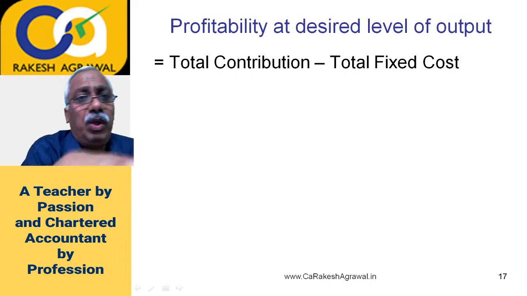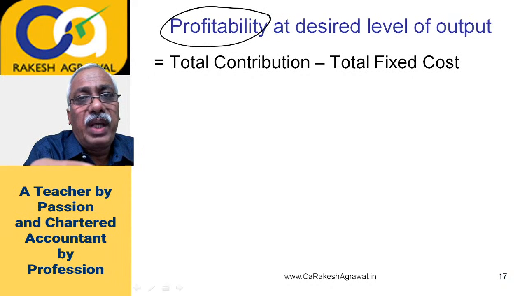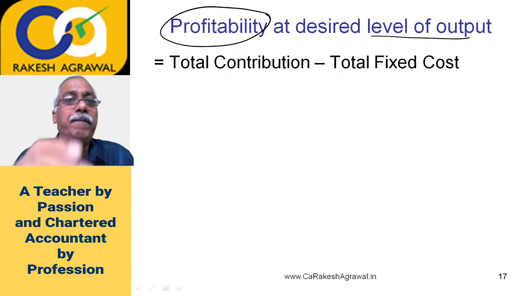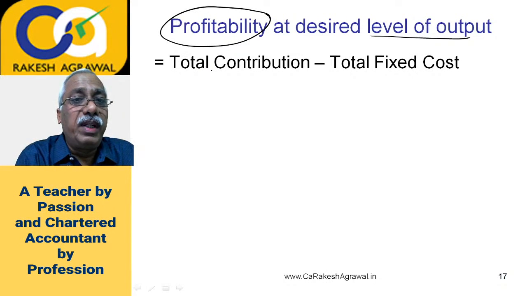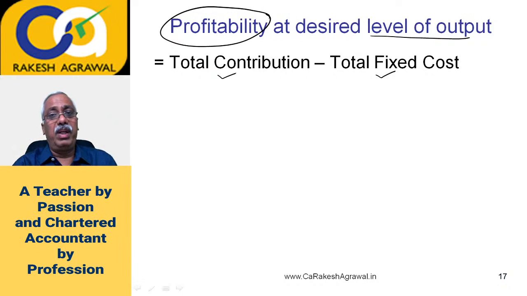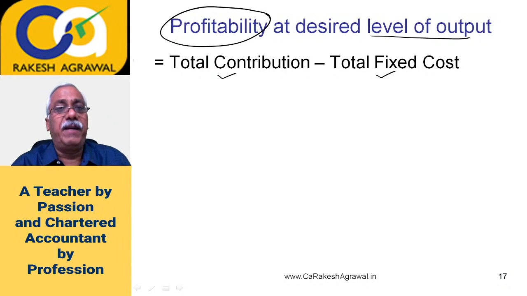See, we want to calculate profit, and what is given to us is the level of activity. Level of output means level of activity. To calculate profit, the formula is profit is equal to total contribution minus total fixed cost. This formula we have seen in the golden formula itself, that contribution minus fixed cost is profit. So to calculate profit, total contribution minus total fixed cost is the basic formula.